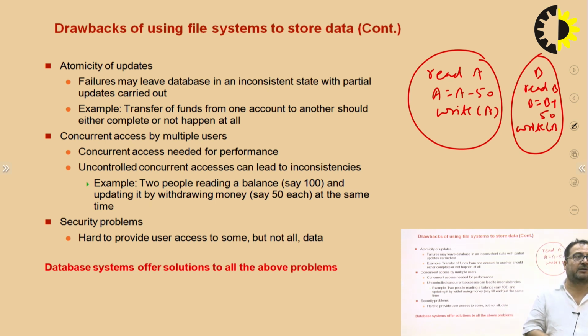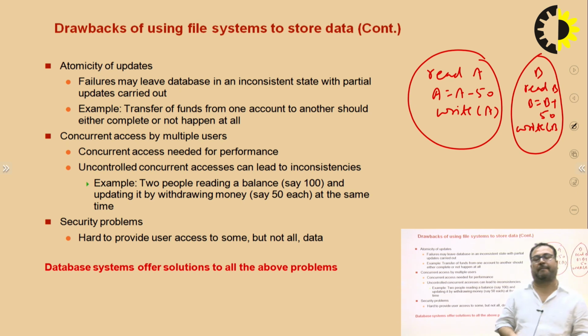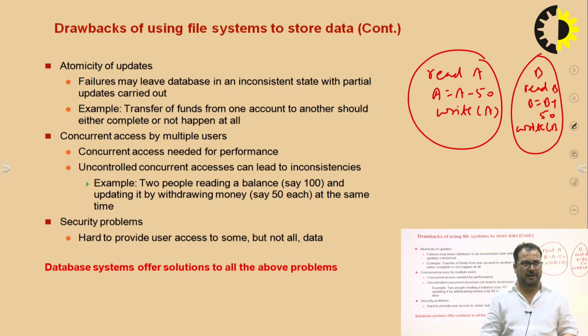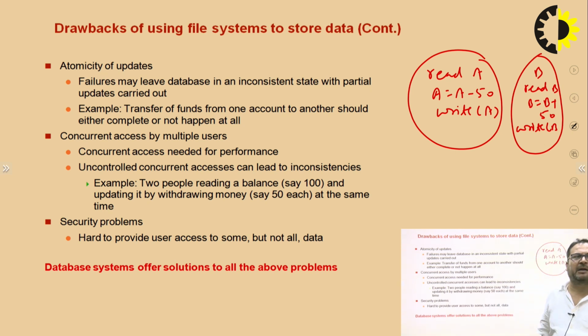How are you going to maintain serializability in all of this? That is not the case if you are using a file system. With concurrent access by multiple users while using a file system, maintaining these things was not possible.